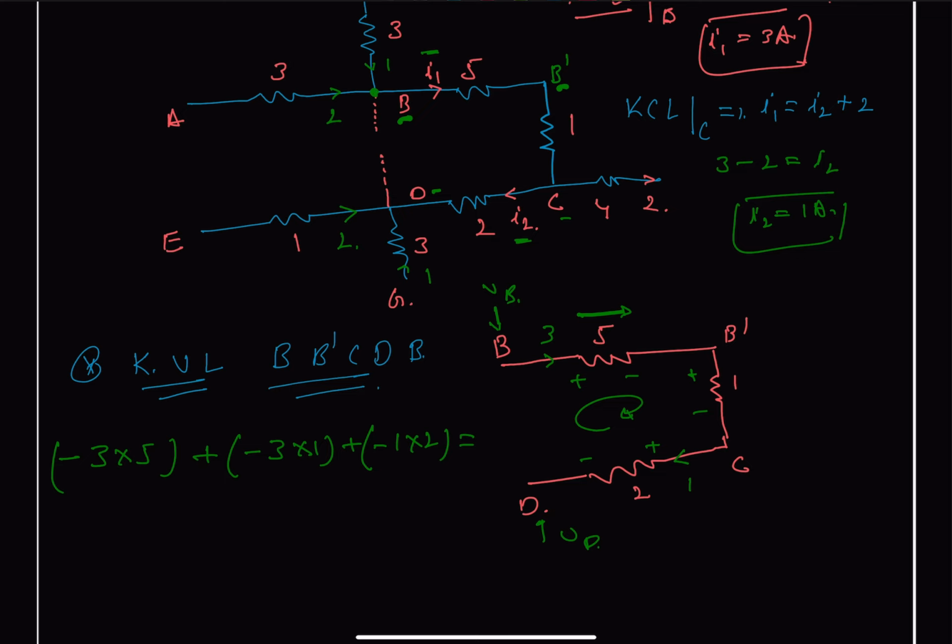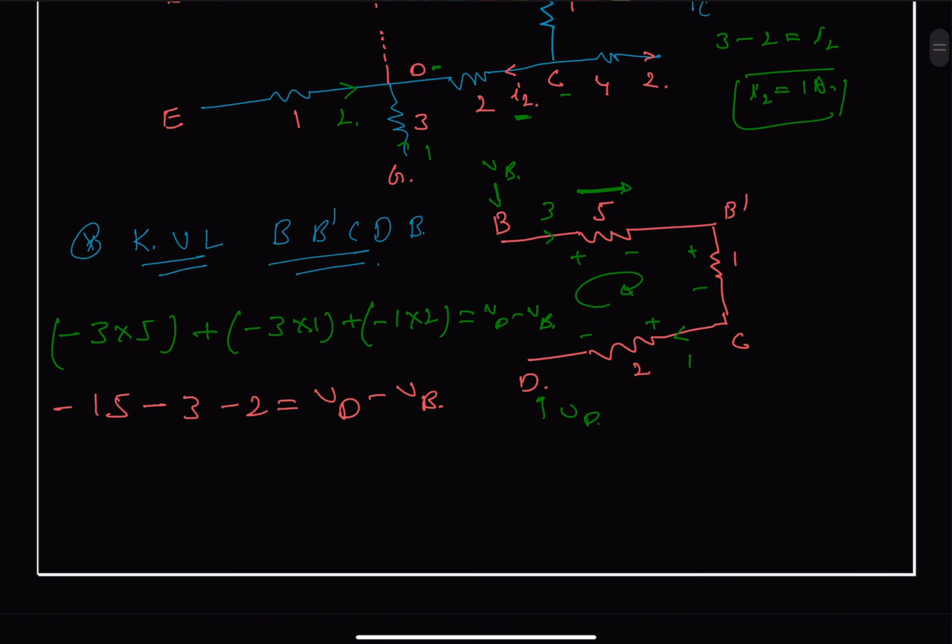So we can write this as our VD minus VB, and we get this as minus of 15 minus of 3 and minus of 2 is equal to VD minus VB, and this comes as minus 20. So we can write this as VB minus VD is equal to 20.